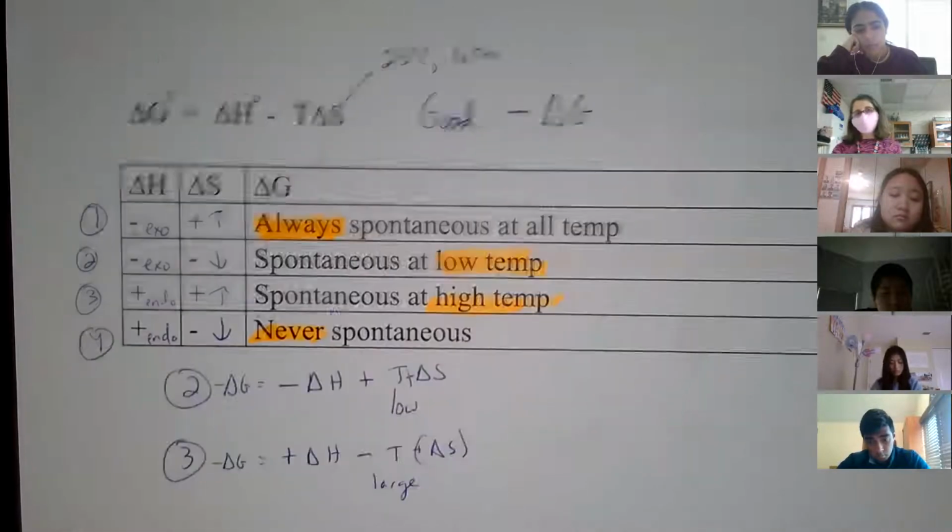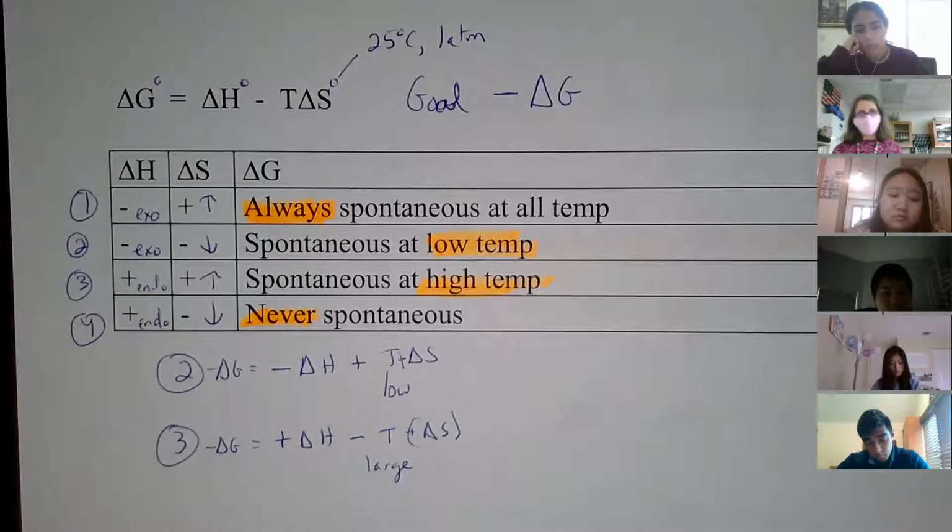So here is the big challenge, okay, this table here, and you understanding how delta H and delta S are going to be related. This is where you have a lot more thinking to do in terms of this equation.